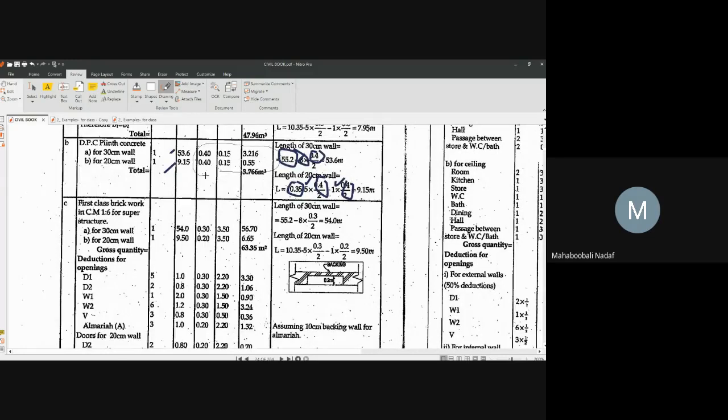For brickwork, you have to calculate it separately. How to calculate brick for 30 centimeter?